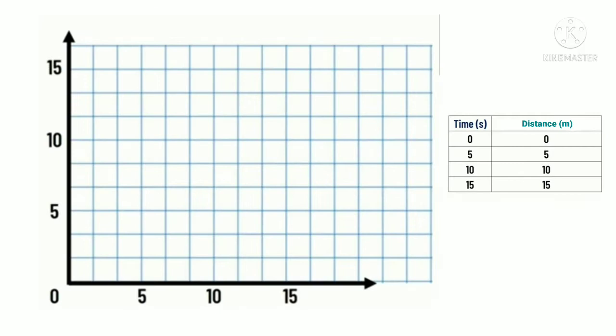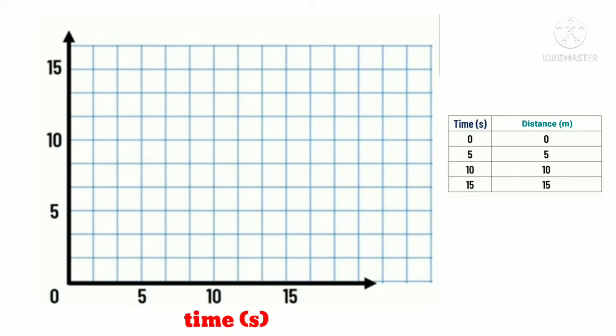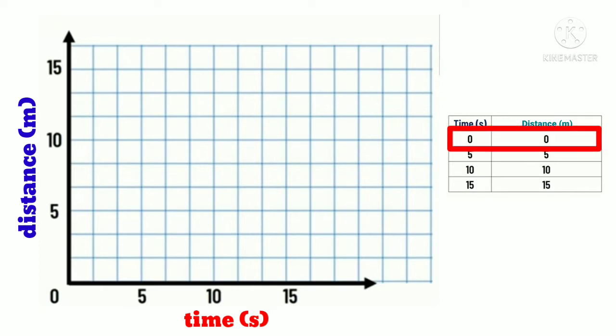In this Cartesian coordinate, we have the x-axis and y-axis. The time interval will be plotted on the x-axis, and the distance of the ball is on the y-axis. Let us start plotting the data. At 0 seconds, the ball is at 0 meters. So, we are going to plot the data on this point.